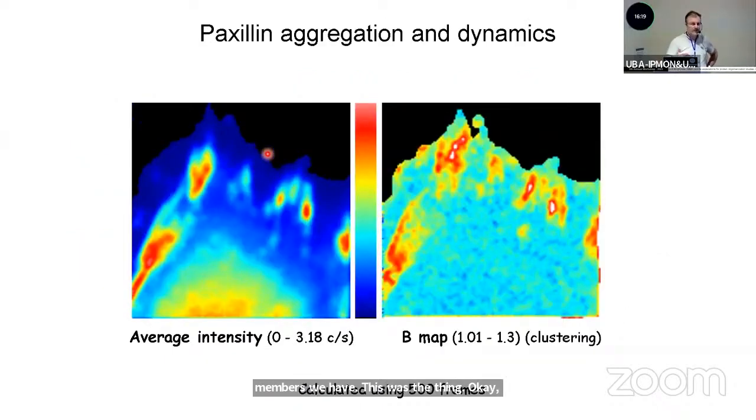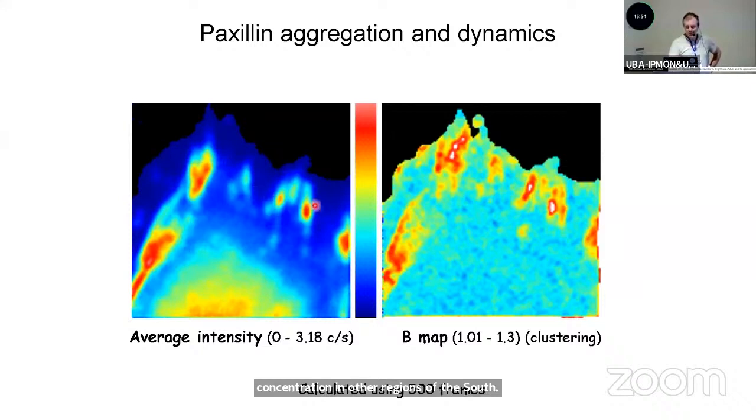Well, they did this acquisition, so they acquired, I don't know, 100 frames at a certain pixel size. And then after that, they measured the average intensity, and you can see that focal adhesions have a high concentration of paxillin, but paxillin also has high concentration in other regions of the cell, besides the focal adhesion.